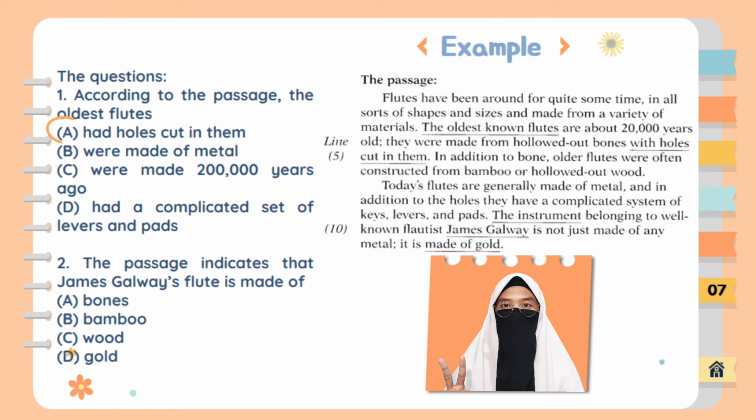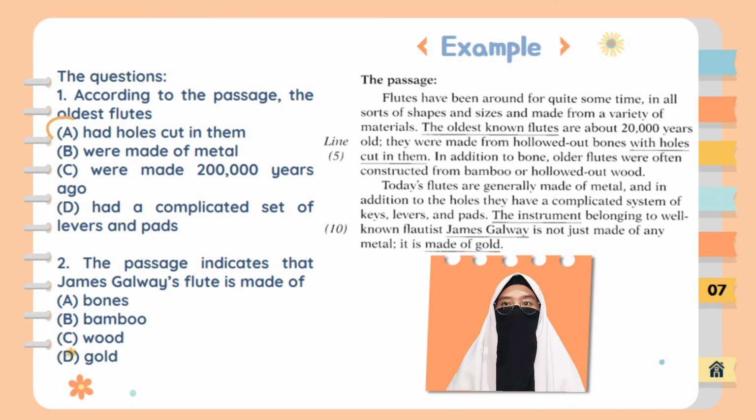Number 2. The passage indicates that James Galway's flute is made of A. Bones, B. Bamboo, C. Wood, D. Gold. The answer to the question will probably be located in the passage after the answer to the first question.